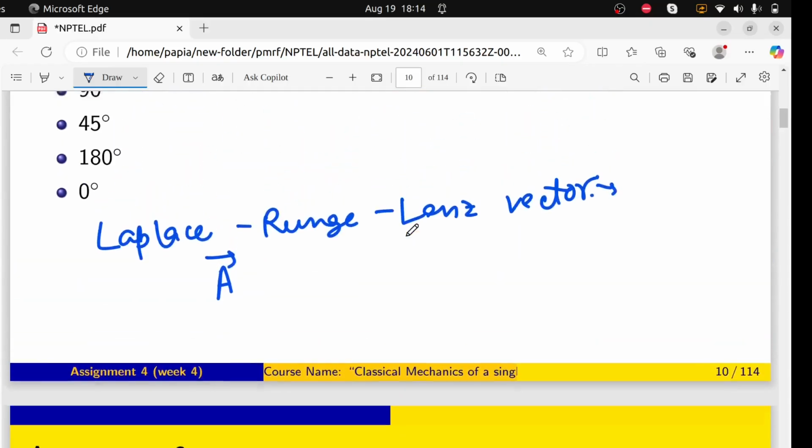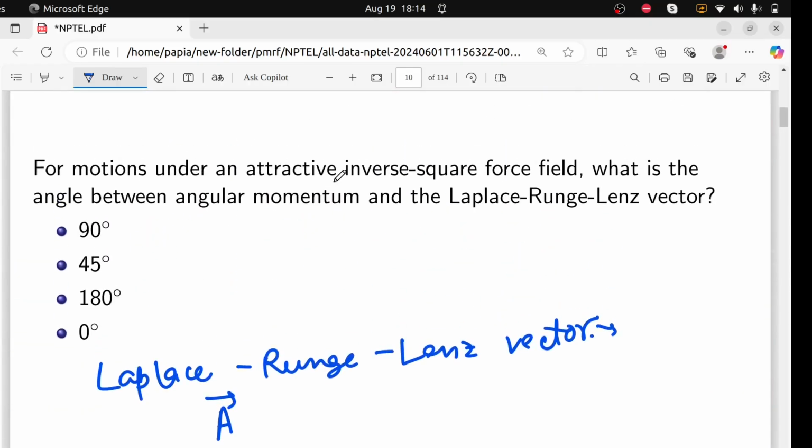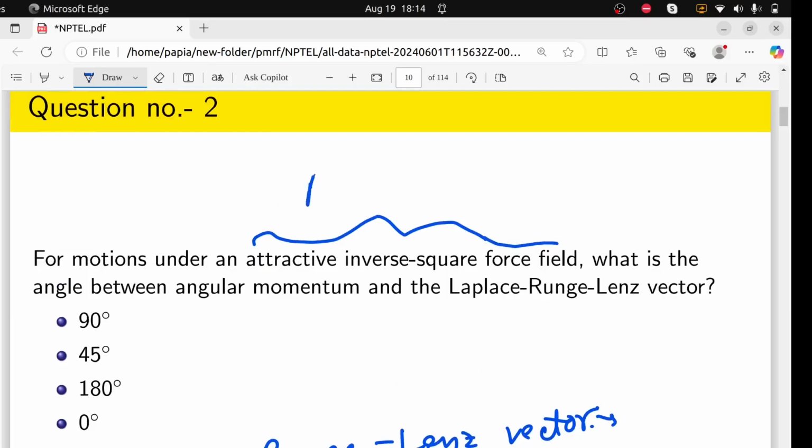Now coming to the question. For motions under an attractive inverse square force field, as is already mentioned that this is an attractive inverse square force field, that means our A is conserved. Okay. What is the angle between angular momentum and the Laplace-Runge-Lenz vector?